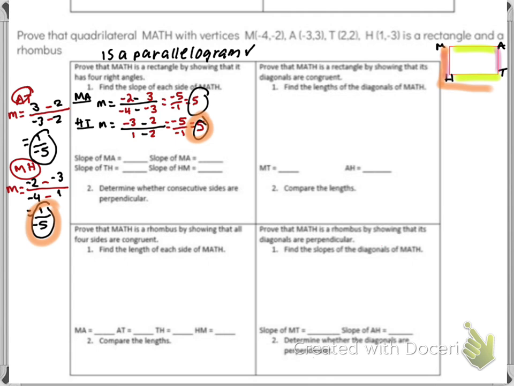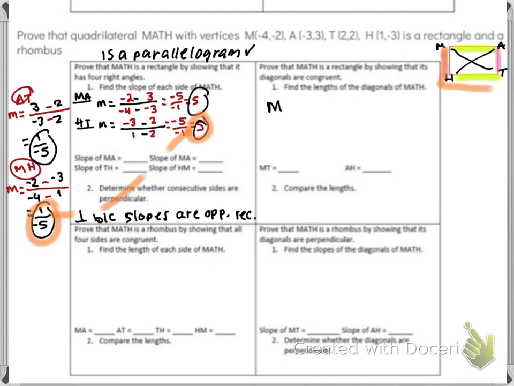So are they perpendicular or not? Is one of them positive and one of them negative? Yes. Is it flipped? Well, if you flipped 1 over 5, that's 5 over 1. So yes. They're perpendicular because slopes are opposite reciprocals. So this is a rectangle. So this is one way of finding out whether it's a rectangle or not.